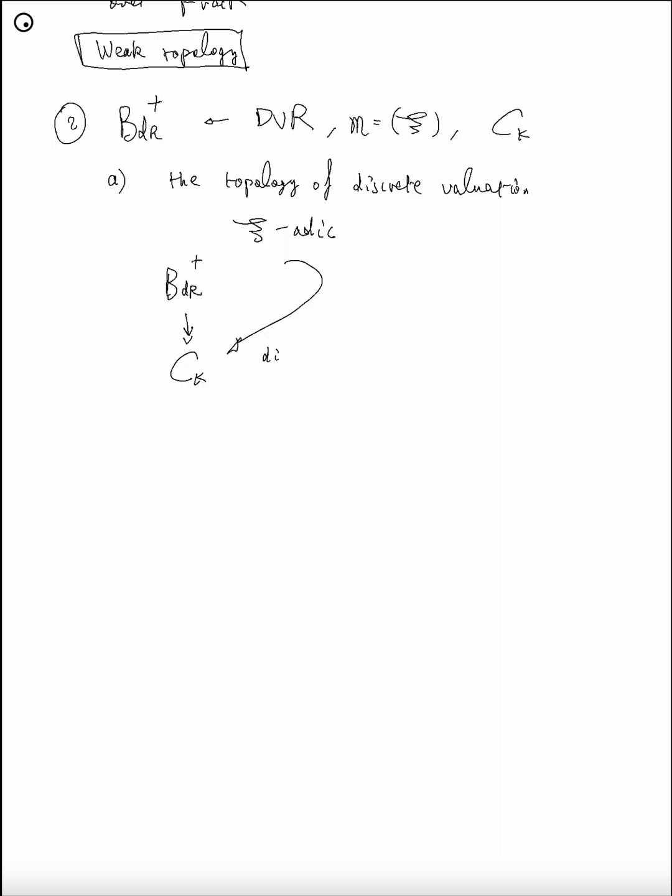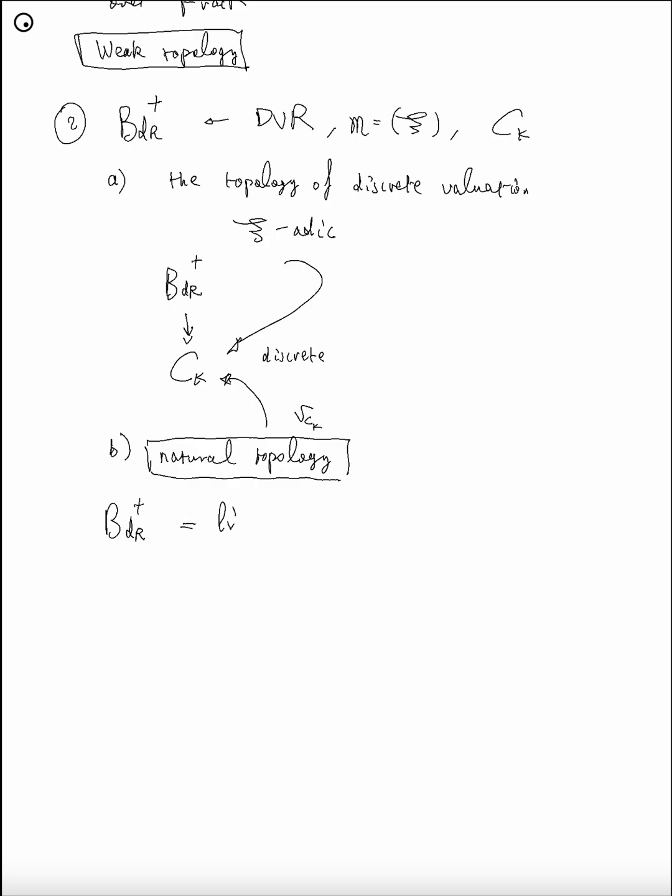This is discrete, and similarly we could expect there is some weak topology or natural topology which is coarser than this discrete valuation topology such that over the residue field it gives you the valuation topology, right?